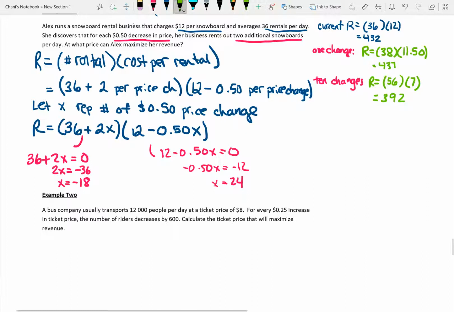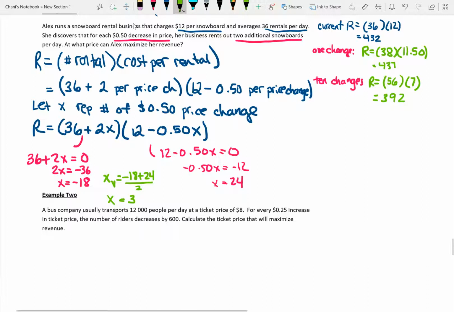So the optimal revenue is going to be at the number of price changes exactly halfway between these two scenarios, or the x value of the vertex. So that is 3. So notice that our x is 3. That does not mean that our new price is 3.